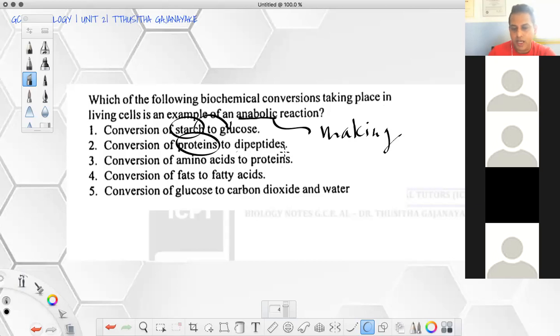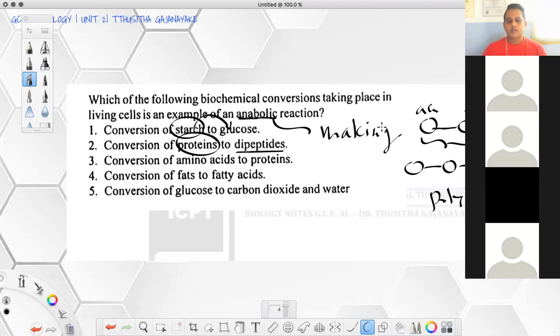Now, what is this word dipeptide? If two amino acids are joined together, then we call it a dipeptide. If many amino acids are joined together, this is called a polypeptide. So a protein hydrolyzed makes a small unit, a dipeptide.